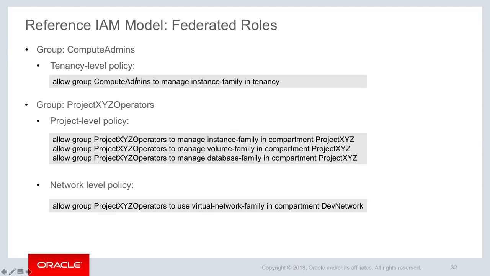You can have a compute admins group with access to compute instances, and at the project level we would have access to manage compute, block volumes, and database, but in a specific compartment. I'm just specifying the compartment here that I'm going to have access to, right? You would also have the ability to use specific networks. So I can write a policy here to allow this group to just consume the VCN from a specific compartment.